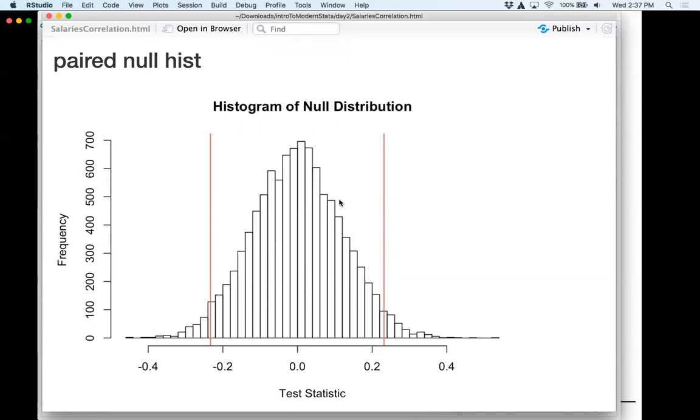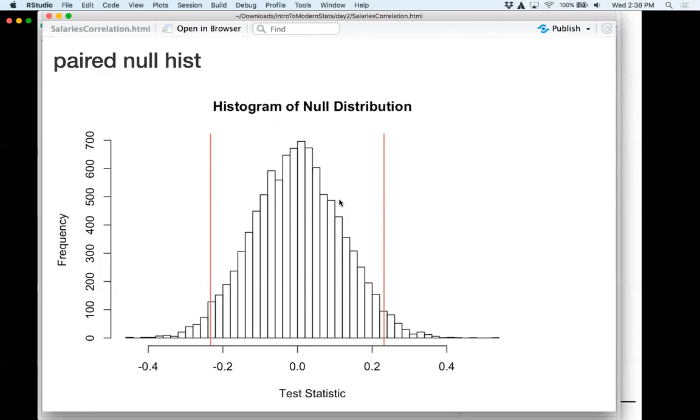Or maybe I'd say more simply, the correlation between salaries at USC and UCLA was significantly different from chance. And then I would cite my p-value. That's what we showed, right? The effect's all the way out here, and the chance is there. Very unlikely to have been due to random chance. Super unlikely. So that is the significance test.